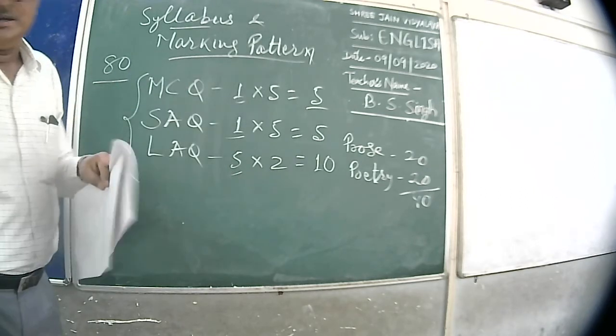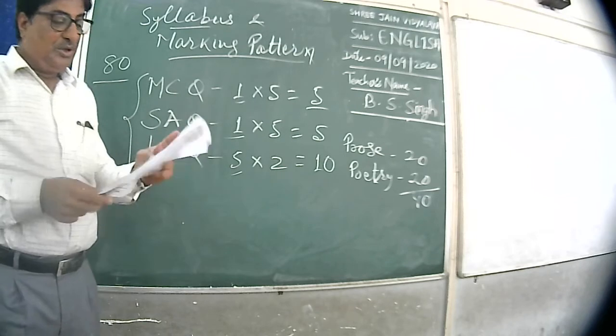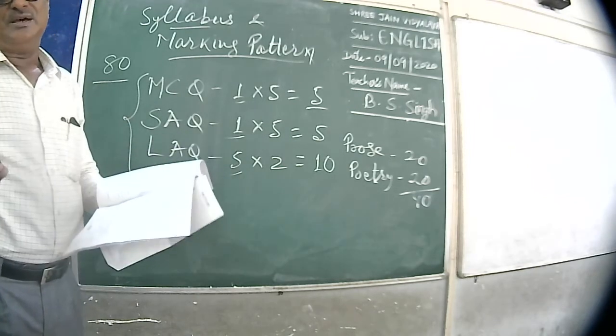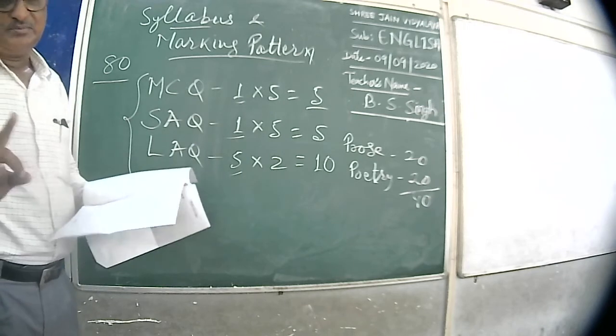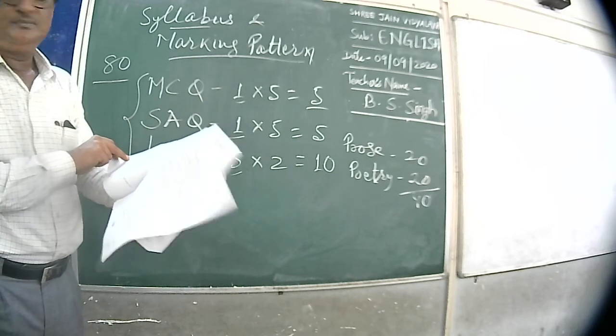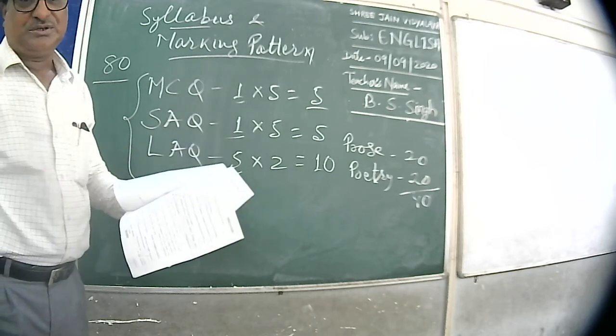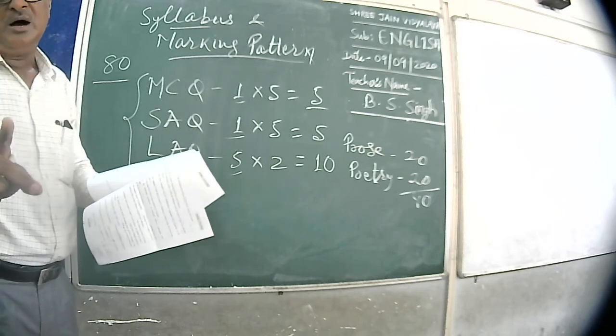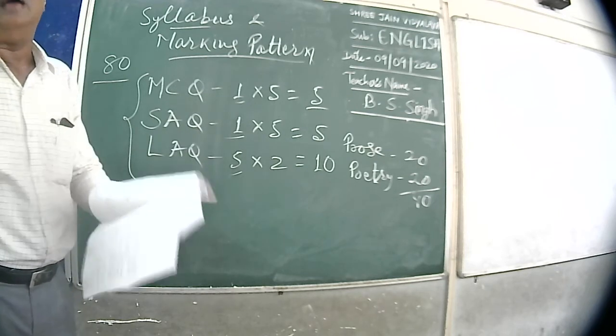And in this rapid reader, you have to write one long answer. One long answer for 5 marks. Out of 5 questions, you have to write one long answer for 5 marks and 5 MCQs.